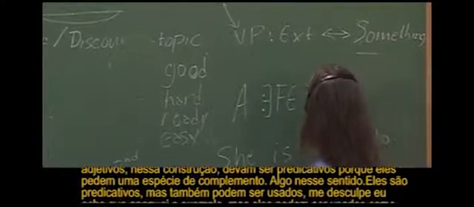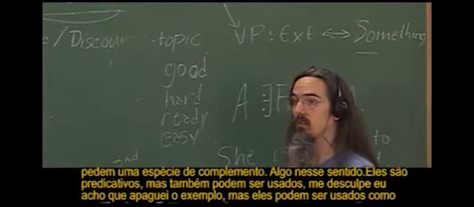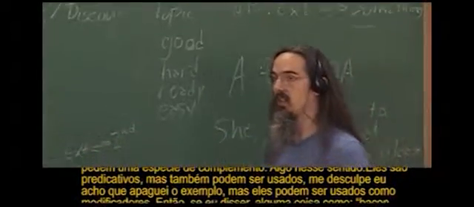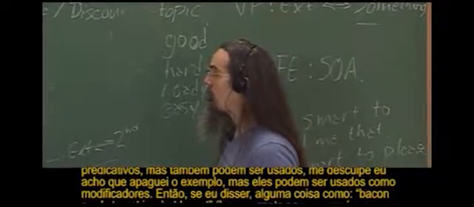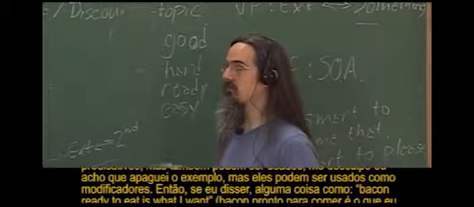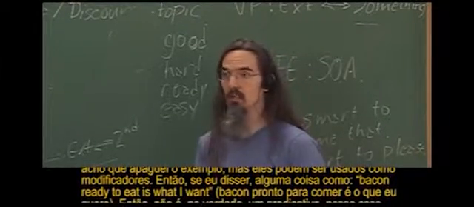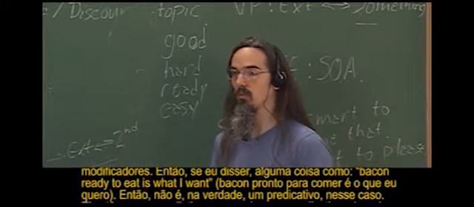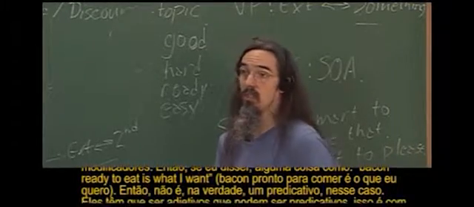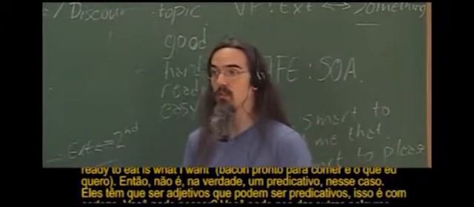Sorry, I guess I erased the example, but if I say something like "bacon ready to eat is what I want," then it's not actually predicative in that case. So they do have to be adjectives that can be predicative, that's for sure.